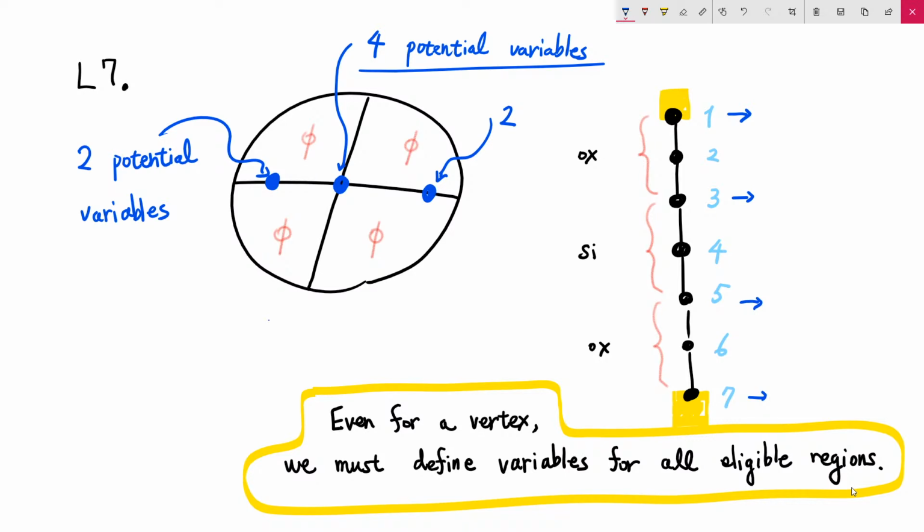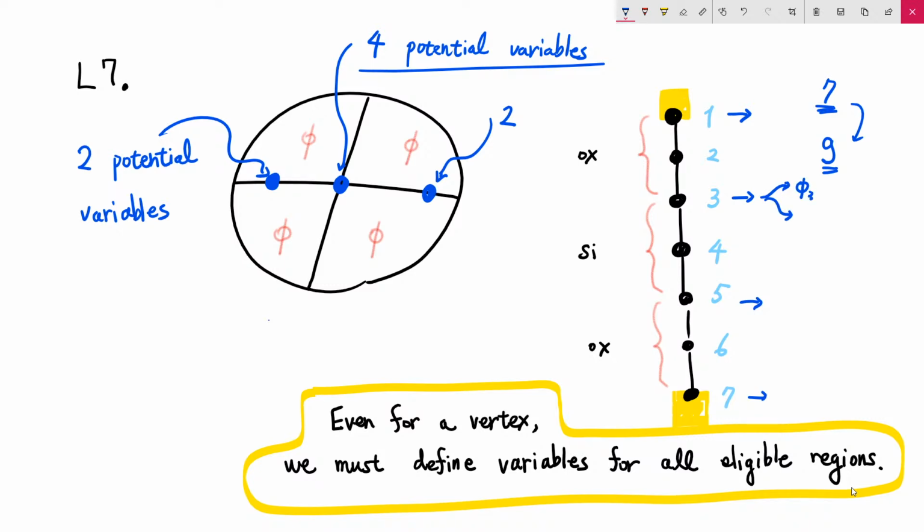So now, coming back to the answer of my question, let me just repeat again. Instead of seven potential variables, now we have to introduce 9 potential variables, and additional 2 were introduced at these interface points.